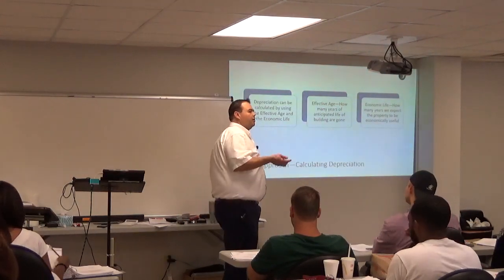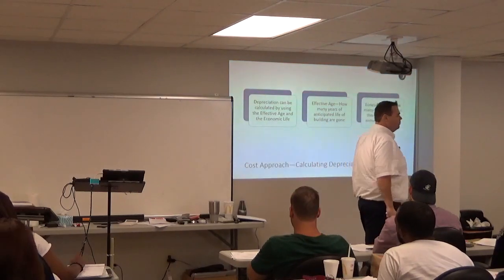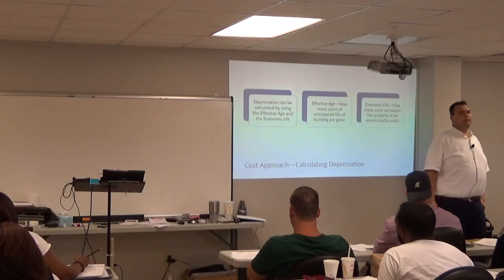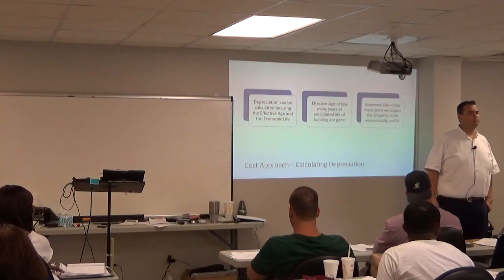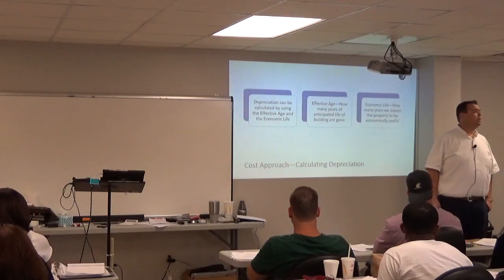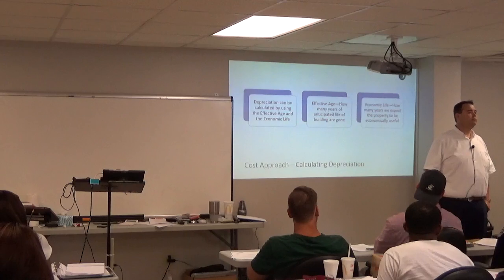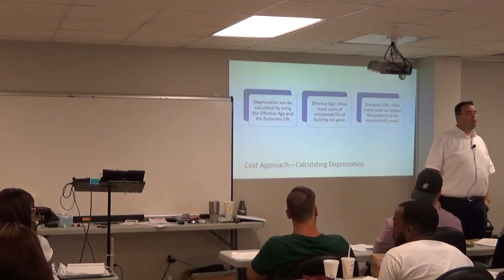So give me some examples of properties or structures that might have a shorter economic lifespan versus ones that could be around for many, many years longer. A convenience store, you think that's on the shorter end or longer end? I would say it varies. Well, then don't give me one that varies.